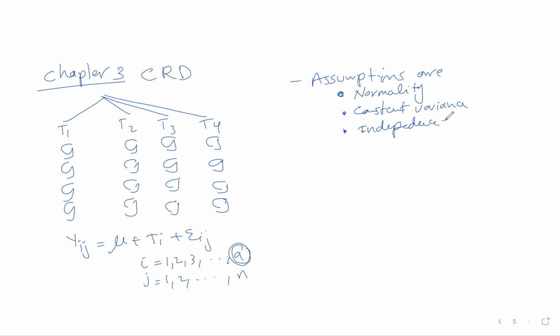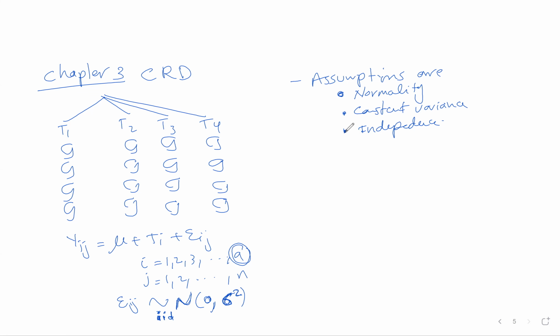I can write all these 3 assumptions in only one assumption: epsilon ij follows a normal distribution with mean 0 and variance sigma squared, so sigma squared doesn't depend on i. Sometimes you write it as IID, independent, identically distributed normal with mean 0 and sigma squared. Independent is one of the assumptions, normal is the second assumption, with sigma squared, not sigma i squared, so it is constant variance.